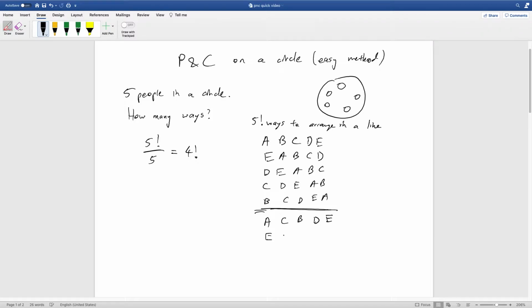So E, A, C, B, D. So why did I draw this line over here? It's because it separates the cases.